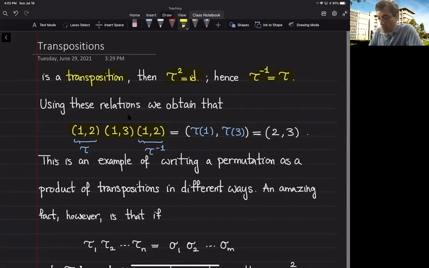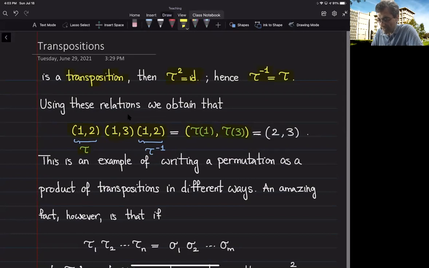Now, we know that whenever we conjugate a cycle (1 3) by a permutation tau, we are going to get another transposition, which is (tau 1, tau 3). So I'm applying this tau to the first and to the second elements in this 2-cycle. So we get this 2-cycle, which we call the transposition.